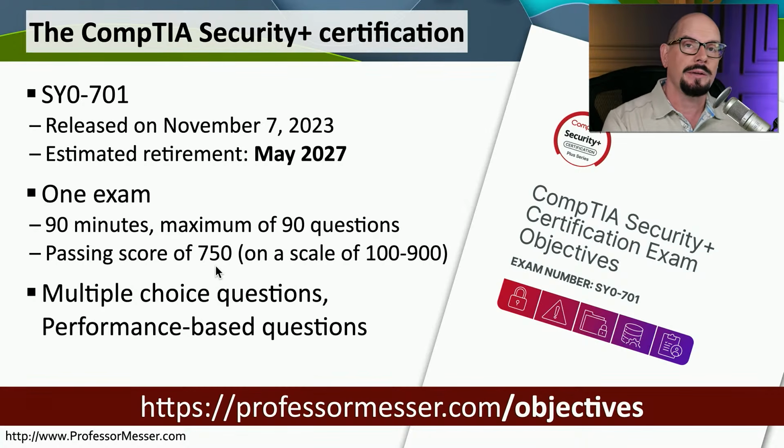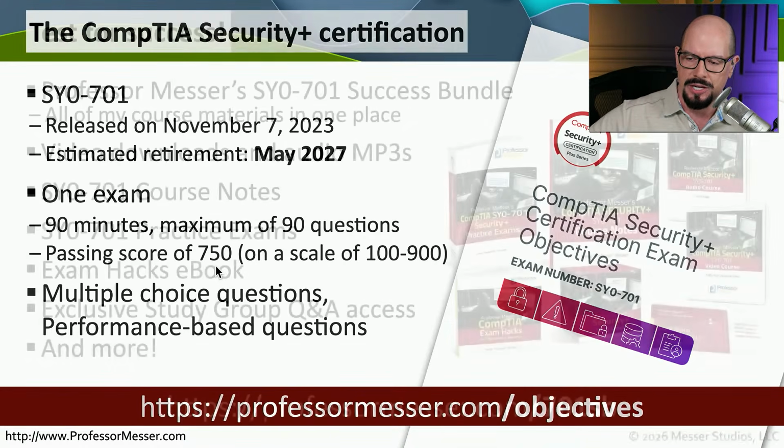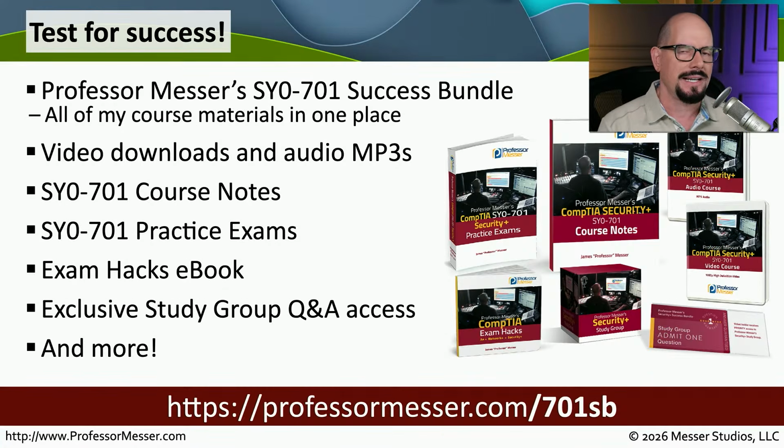All I can really recommend is to answer as many questions as you can, as correctly as you can. The number will work itself out at the end. The exam is mostly multiple choice questions, but you will get a handful of performance-based questions at the very beginning of the exam, and we will talk about performance-based questions right after this section.